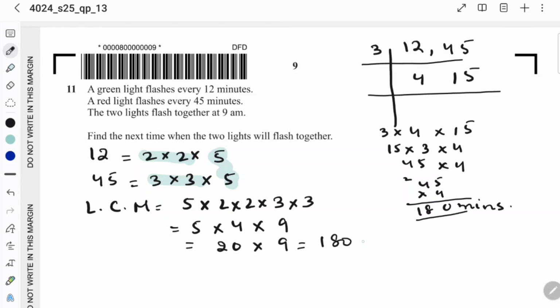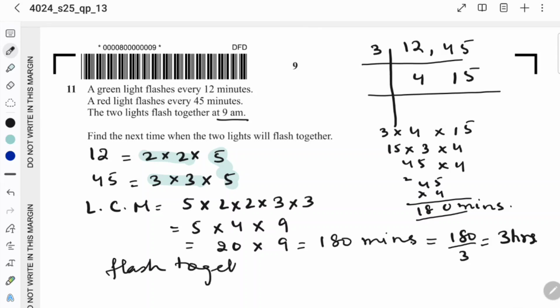So it means that in 180 minutes after 9 a.m., they will flash together. So 180 minutes means 180 divided by 60, which will come in hours. It means that at 3 hours the lights will flash together.